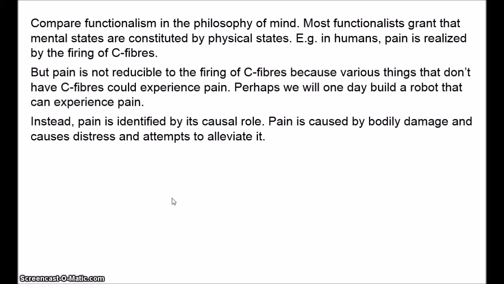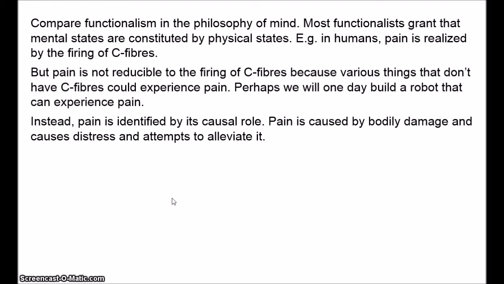So the point is that pain is not identified with a physical state. Instead, it's identified with a certain causal role. And so although every pain is realised by certain physical processes, pain isn't identical to any particular physical process.